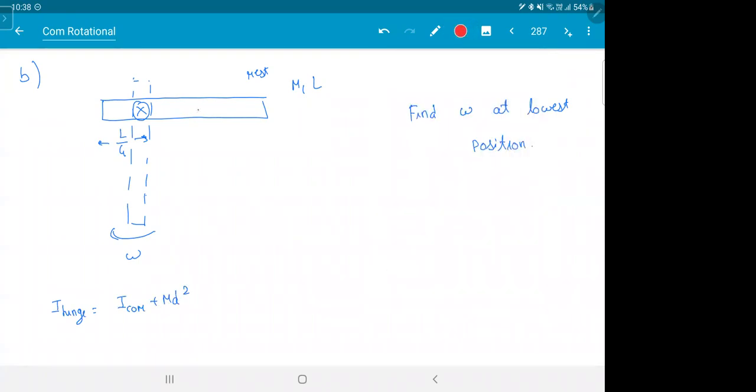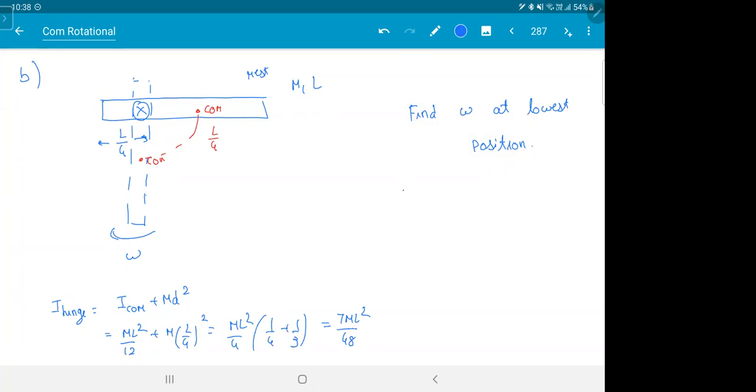Initially, where is the center of mass? Here. Finally, where is the center of mass? Here. How much did it actually fall? L by 4 only. So this would be ml square by 12 plus ml by 4 whole square. Take out ml square by 4 common. You get 1 by 4 plus 1 by 3. 7 ml square by 48.